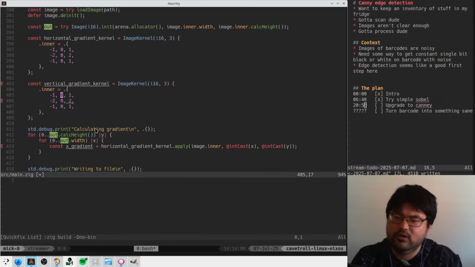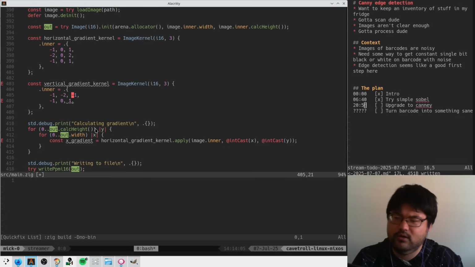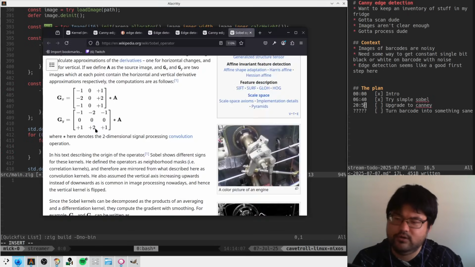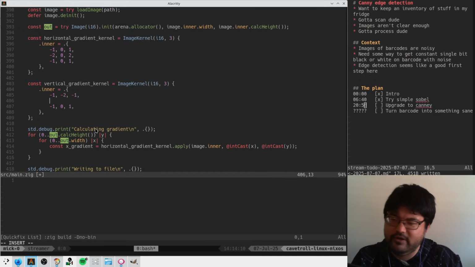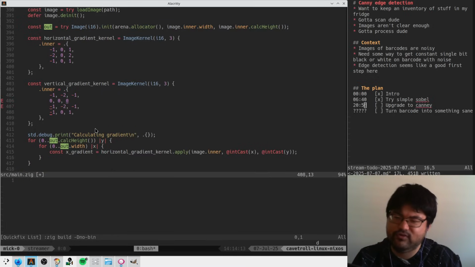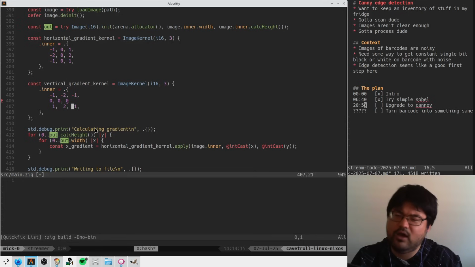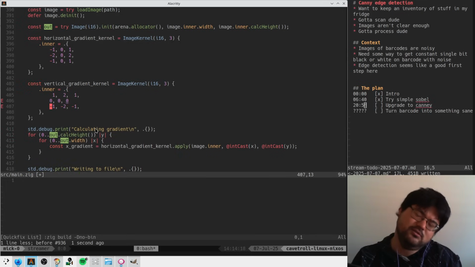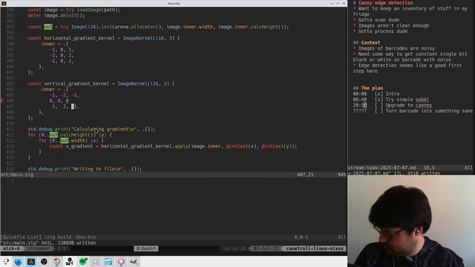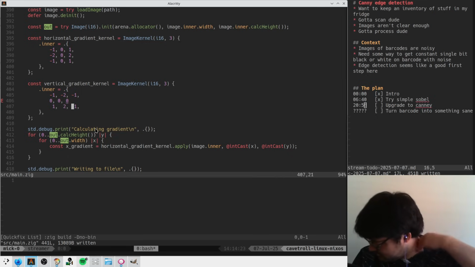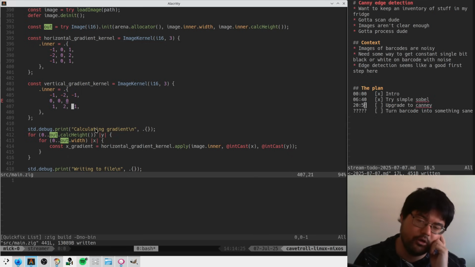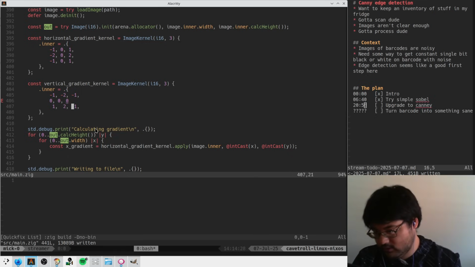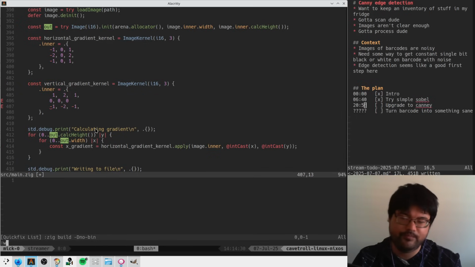So -1, -2, -1, then 0, 0, 0, and then this is flipped on the downside. I feel like I'm going to run into fewer problems if up is up. Right? So I think this will make more sense to me, and so I should just run it this way for now.